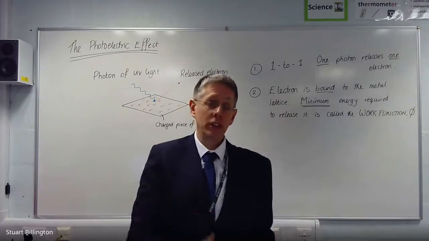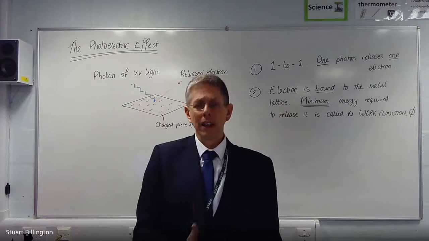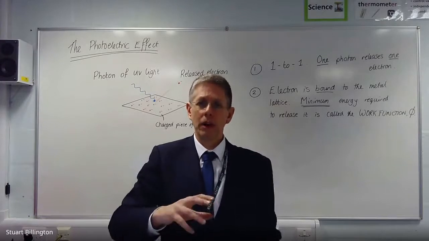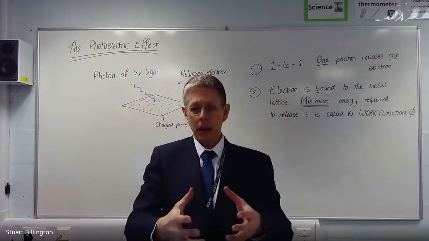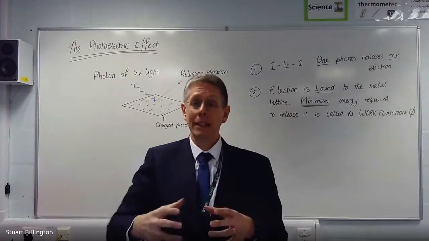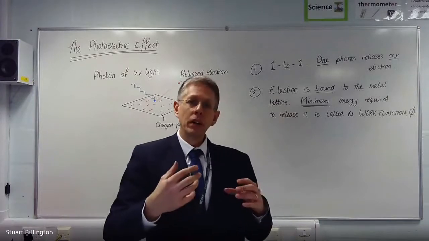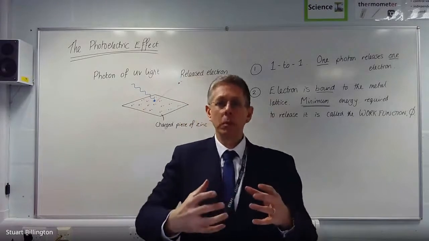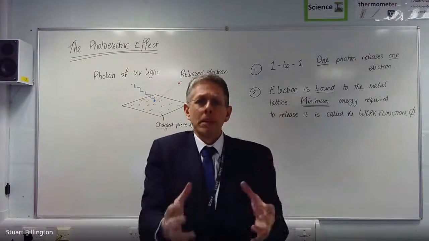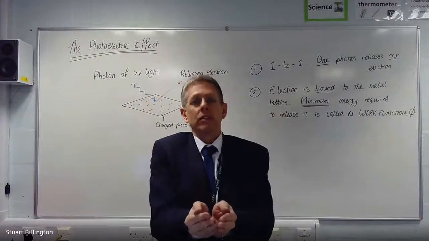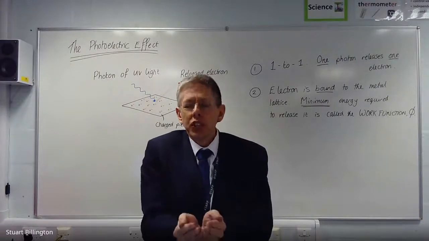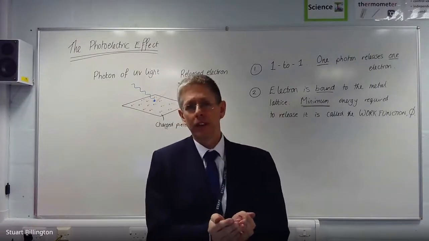Now, we do actually do calculations like that a little bit in year 13 when we're talking about liberating a piece of matter from a planet's gravitational field. So we will return to this idea. But you can accept that there will be a certain minimum amount of energy that, if you give it to the electron, will just allow the electron to break free.